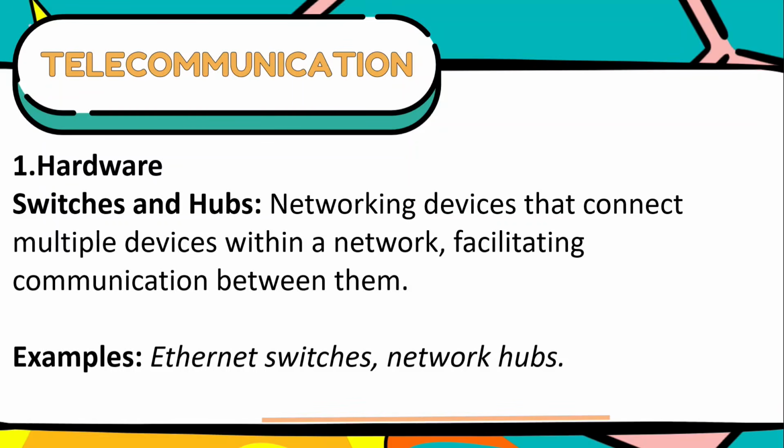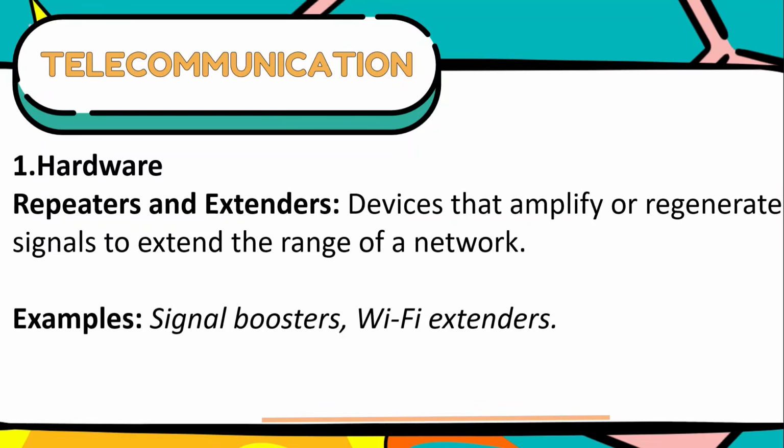Switches and hubs, networking devices that connect multiple devices within a network, facilitating communication between them. Repeaters and extenders, devices that amplify or regenerate signals to extend the range of a network. Examples are signal boosters and Wi-Fi extenders.